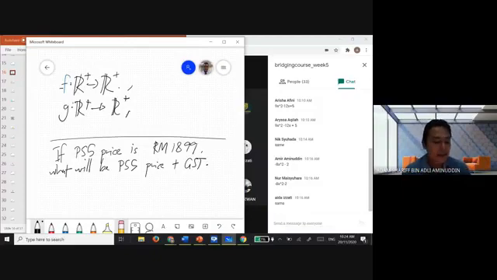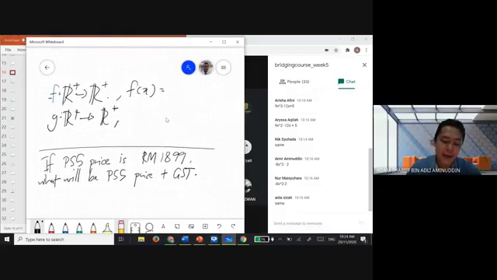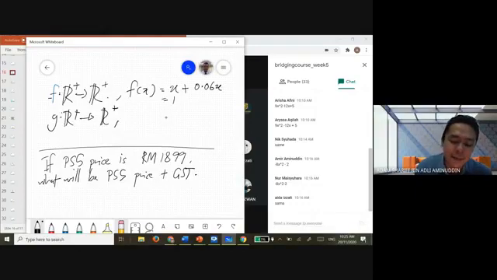Sebenarnya GST is a function juga. Dan katakan kalau saya wakilkan fx tadi sebagai fx harga, katakan x is the price and the GST will be 0.06, and if you define x as the final price plus GST, so it will be x plus 0.06x becomes 1.06x.